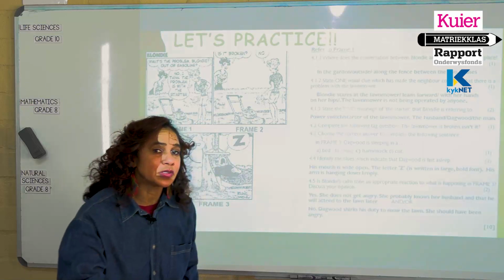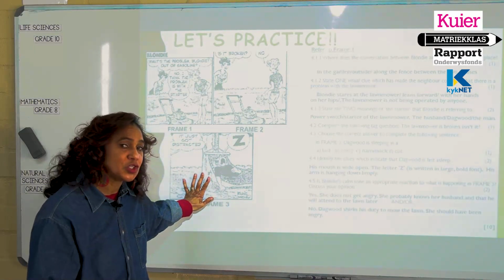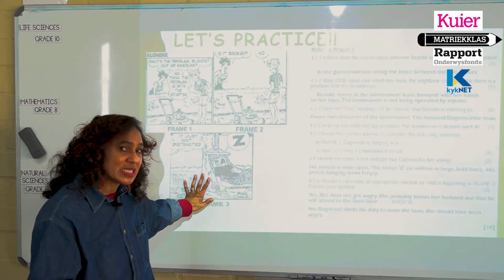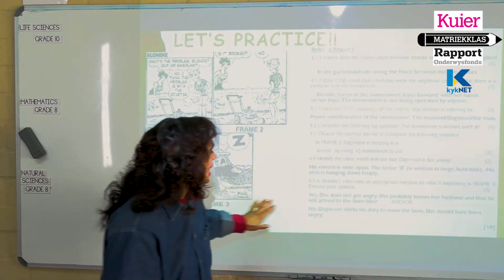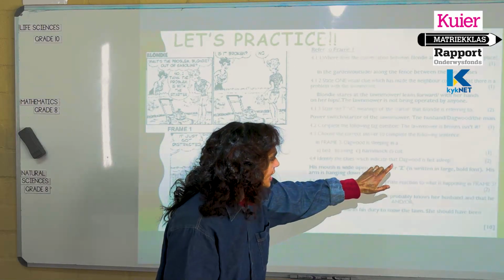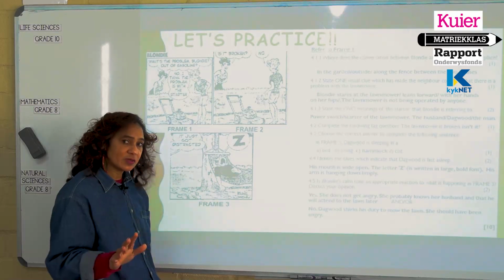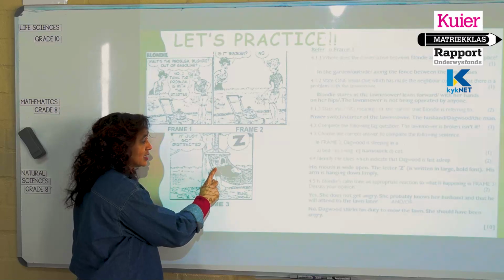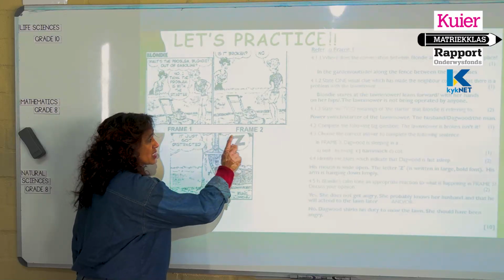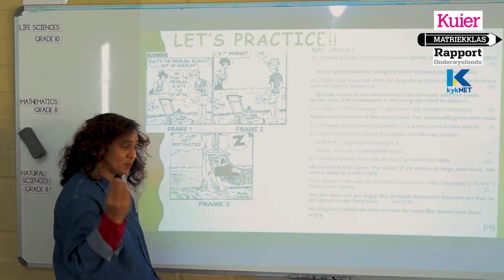Okay, then we look at number 4. Identify the clues. Here they're not asking you for a visual or a verbal clue, they're basically just asking you to identify the clues which indicate that Dagwood is fast asleep. How do we know? There are lots of visual clues. His mouth is wide open. He's snoring because there is a big Z, which is an indication of sleeping.